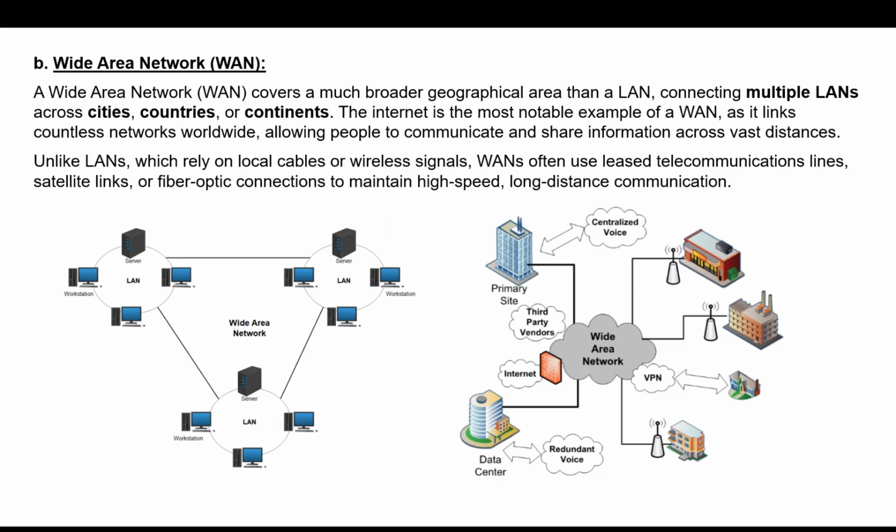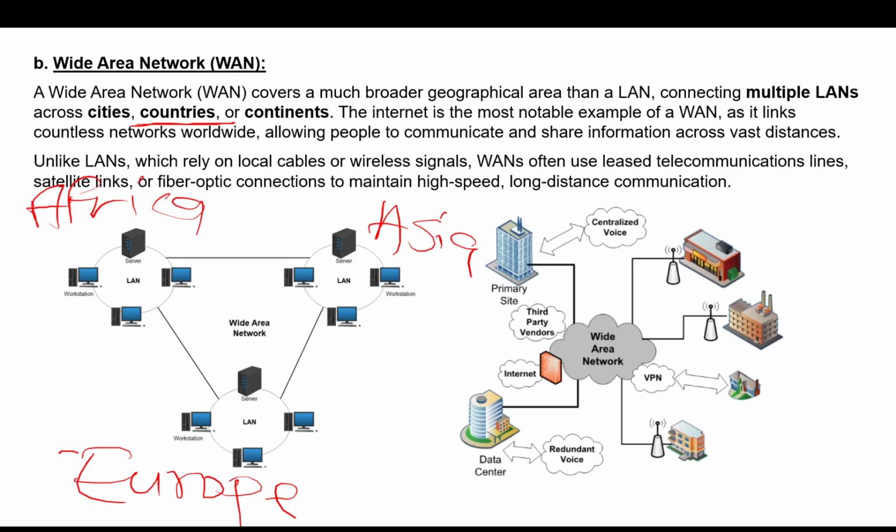So let us say now we talk about countries. One connection means we are able to communicate with people, here in Africa, they connect with people. So for example, let us say this is Africa. Let's use this as Asia, right? Then let's use this as Europe. So for that connection, normally they use fiber optic in this case.